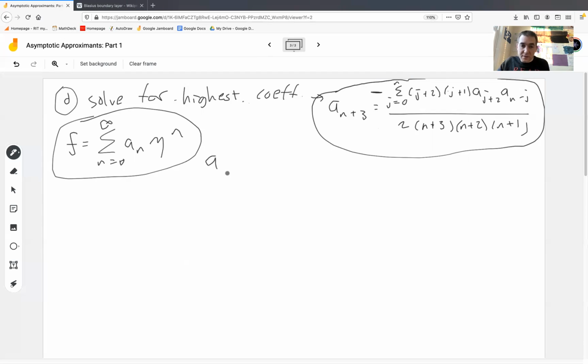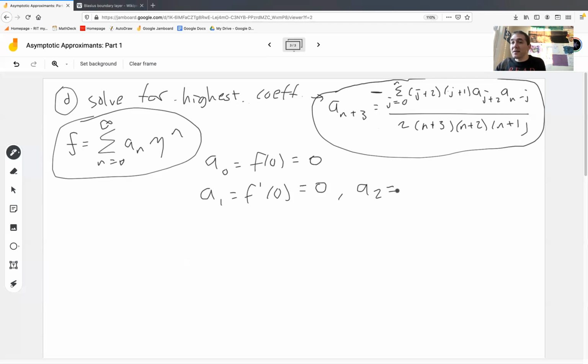So we know that a sub 0 is f of 0, which we know is 0. We know a sub 1 is f prime of 0, which we know is 0. And a sub 2, normally you wouldn't know, and normally you leave this as an unknown variable to be predicted later by the method I'm about to show you.